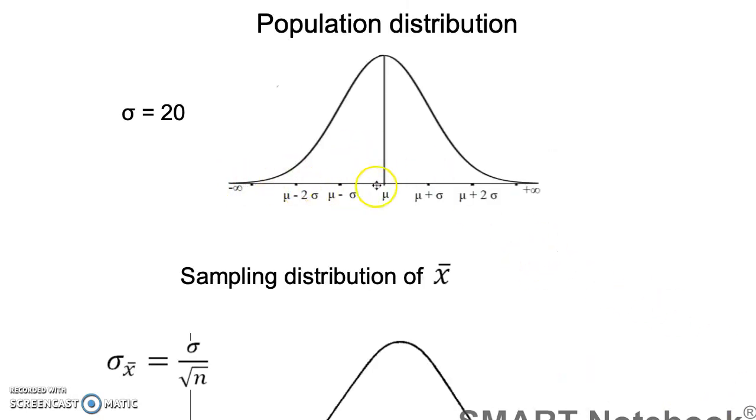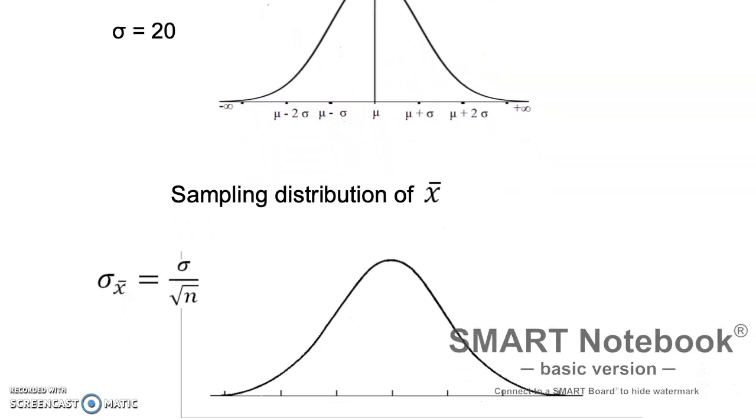So we started with a distribution that looked like this. We don't know what mu is. That's what we're trying to figure out. Okay, the standard deviation is 20. So we have a distribution with the mean, plus 20, plus 40, plus 60, minus 20, minus 40, minus 60. Now our sampling distribution of x bar has a different standard deviation.